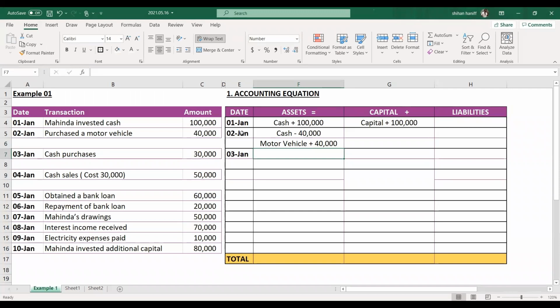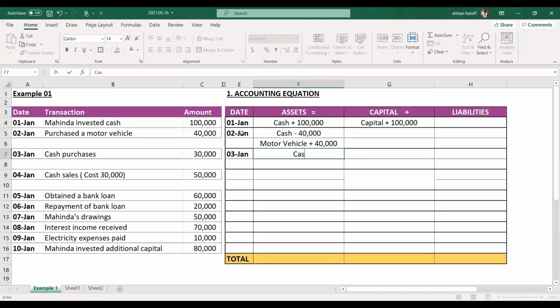Stock increase by 30,000. 4th January, also is 30,000.